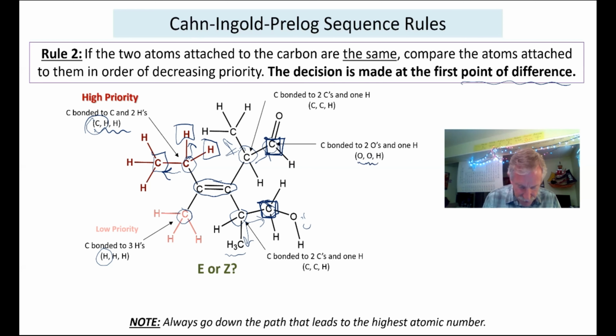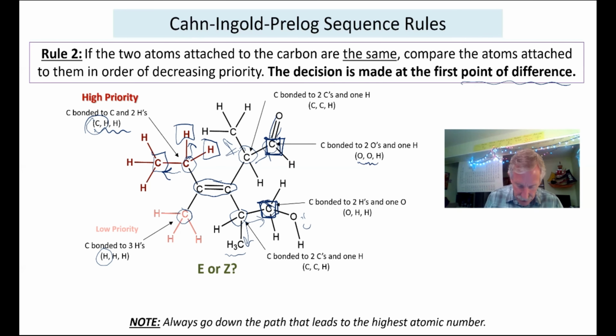Why 2? Because I have 2 bonds coming off that carbon to an oxygen, treated as 2 oxygens. I need 3 atoms total to be written in this parentheses. So this carbon is bonded to a hydrogen and 2 oxygens. The one on the bottom is bonded to an oxygen and 2 hydrogens.